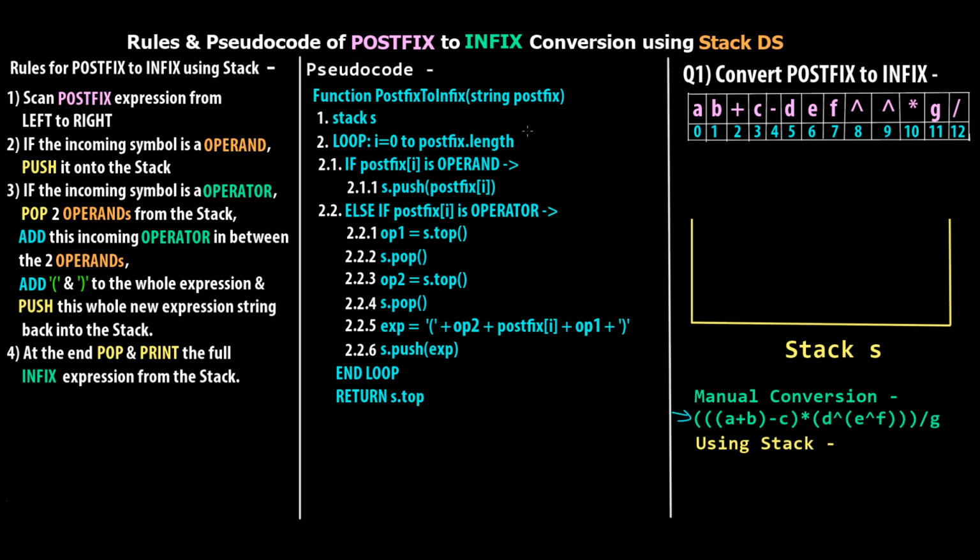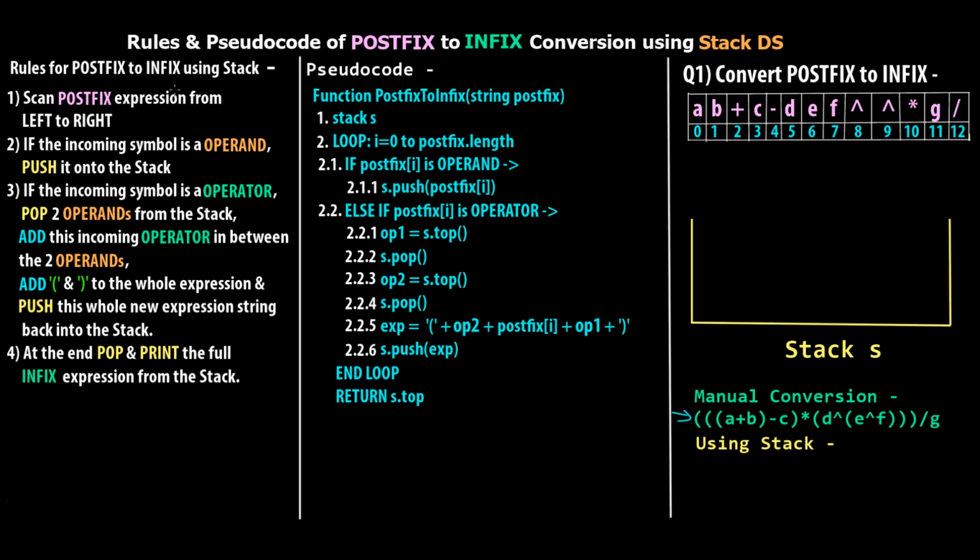So when we use a stack data structure, obviously we need to follow certain rules, follow certain pseudocode, and basically these rules are just converted into pseudocode. So rules and pseudocode are one and the same thing. However, pseudocode is a representation which looks like part code and part text, which can be easily converted to any programming language code.